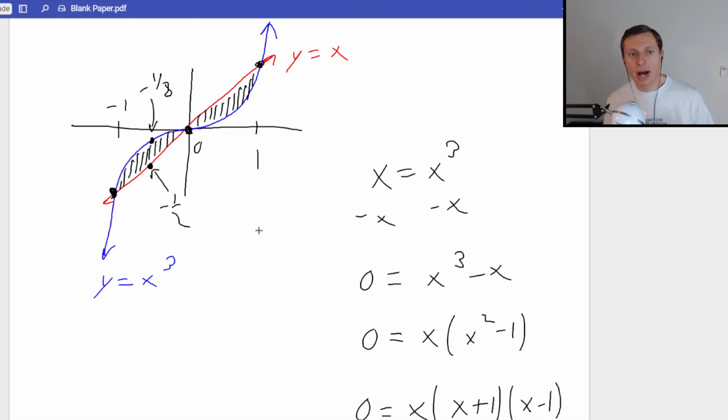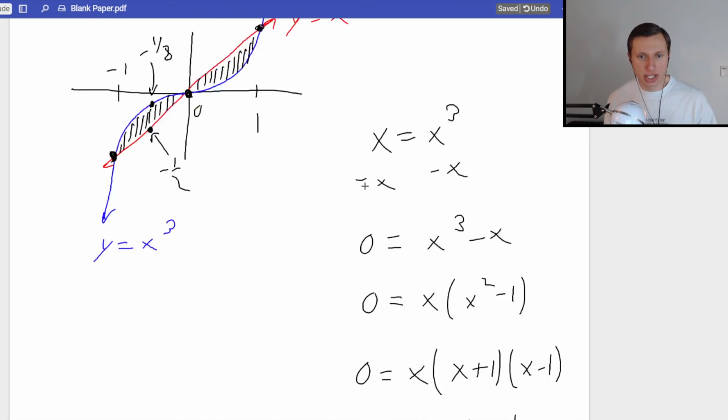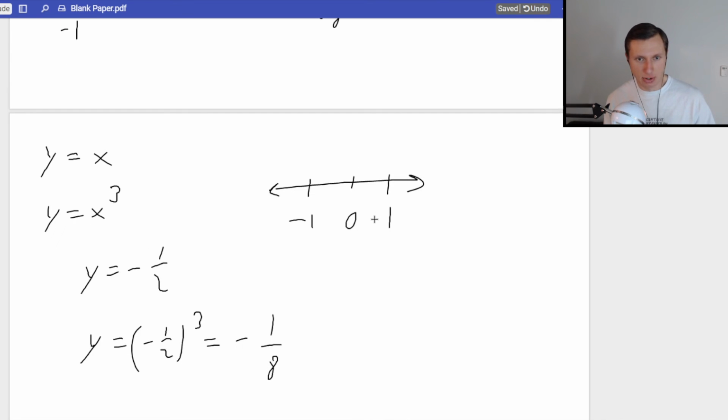Which number is more positive? In other words, which one's on top? It's the blue. -1/8 is more positive than -1/2. Does everyone see what I mean by that? Is it confusing? Yes. Hopefully you see it enough times before the test that you're not worried about it. In other words, for -1 to 0, y equals x cubed, that's the function that's on top.